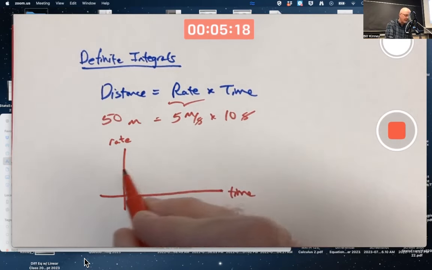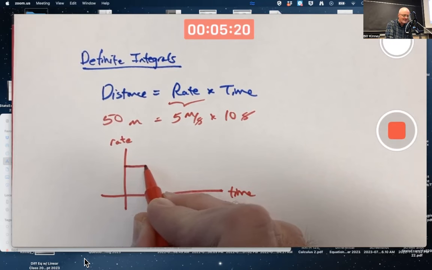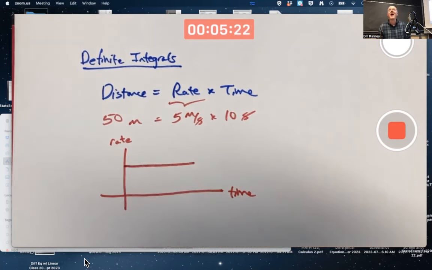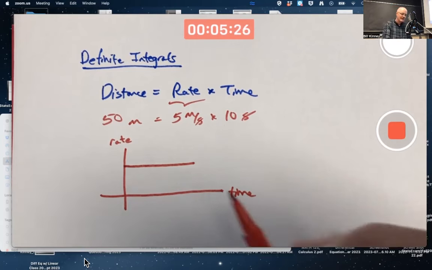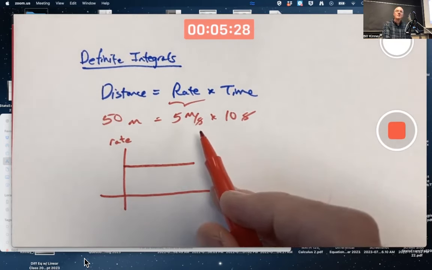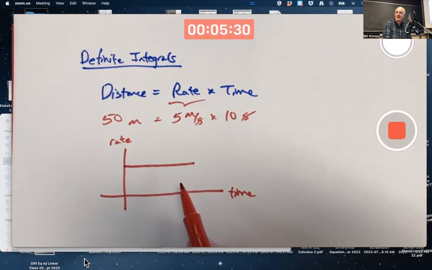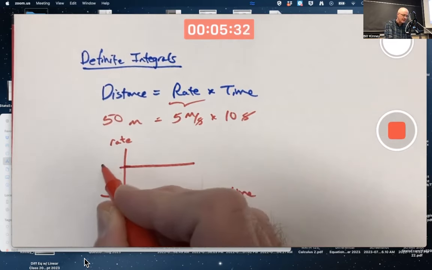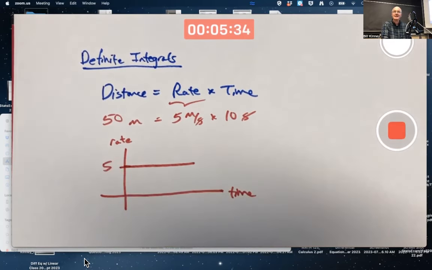The graph of the rate versus time is a horizontal line, a constant function. Yes, this is a number, but I also want to think of it as representing a constant function whose constant value is 5 meters per second. And I'm graphing it over the time interval from, say, time 0 to time 10 seconds.